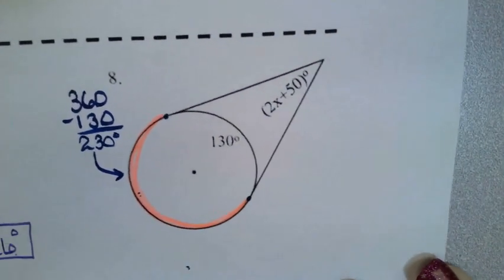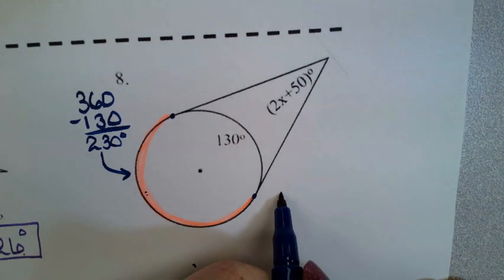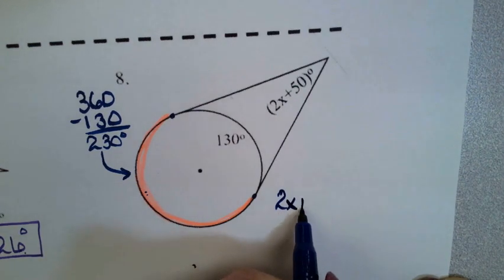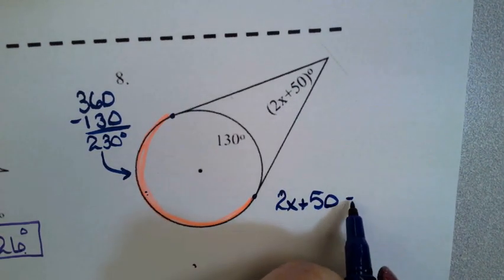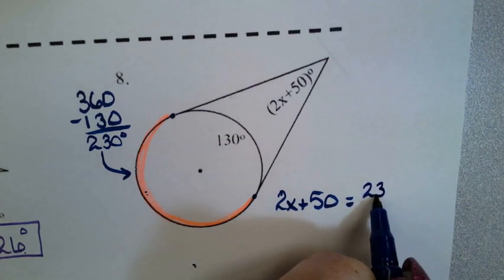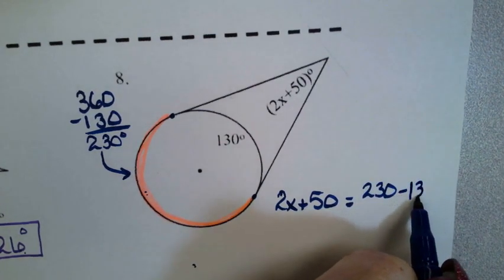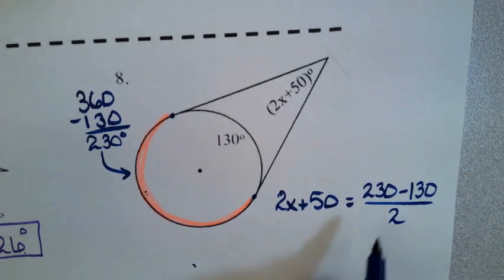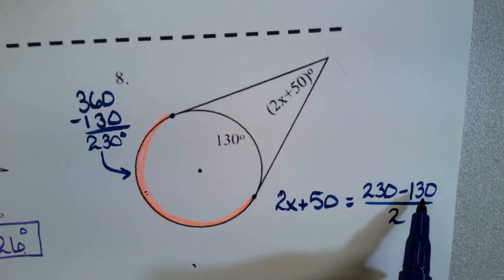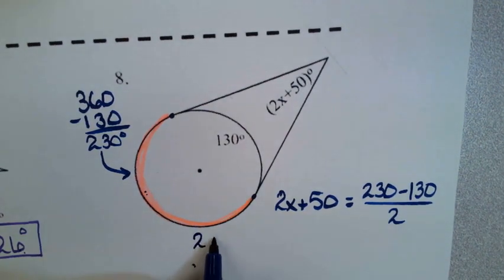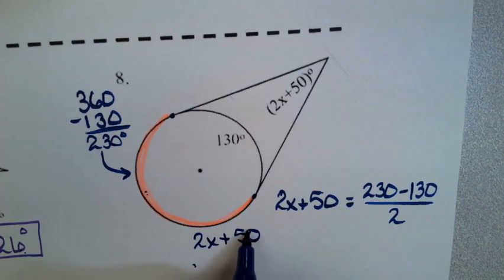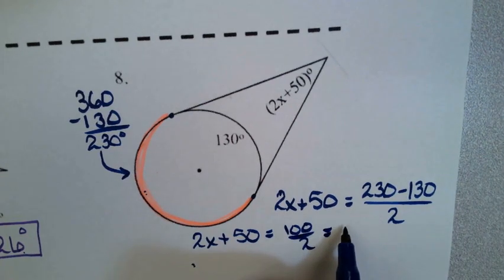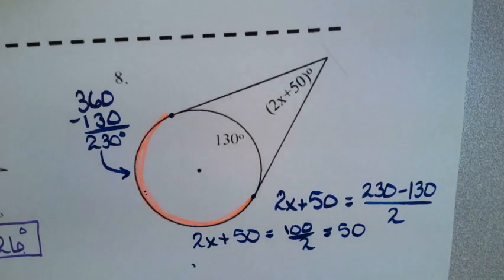Now I can plug that into the equation. This is my angle, so I'll have 2x plus 50 equals 230 minus 130 divided by 2. Well, 230 minus 130 is just 100, and 100 divided by 2 is just 50.